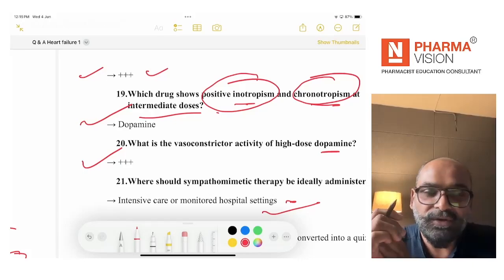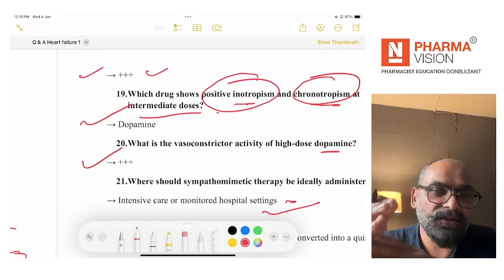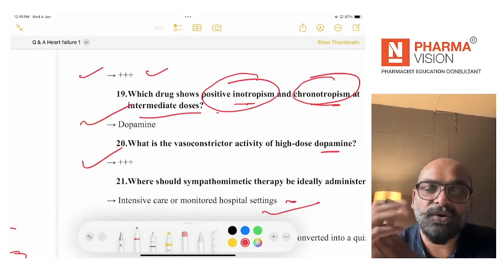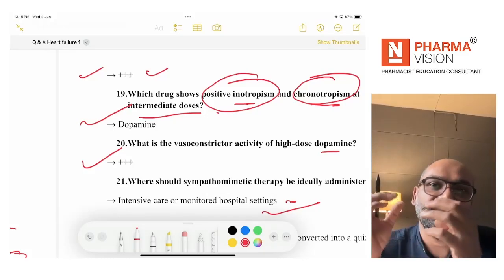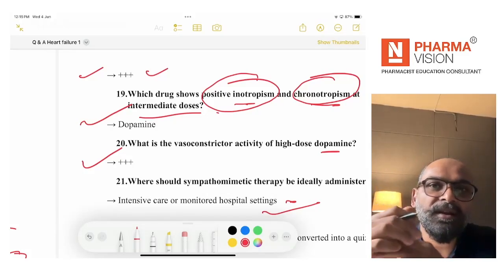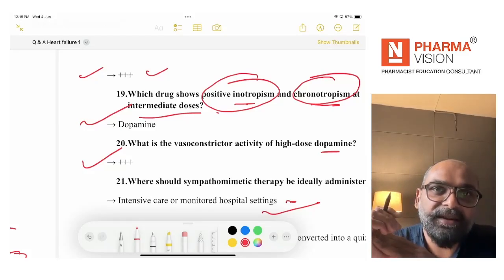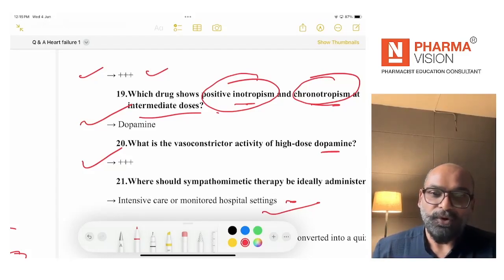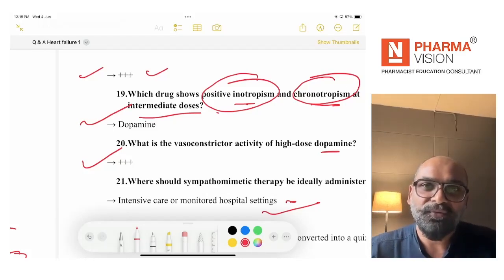When you learn the sympathetic system, you have to understand the entire system and the effects of sympathetic agonists and antagonists on all other systems as well: the eye, lungs, liver, bladder, intestine. Sympathomimetics are very important concepts to learn from an exam point of view.